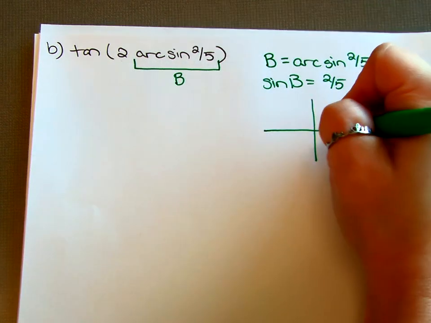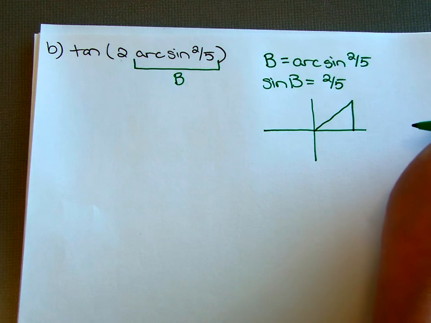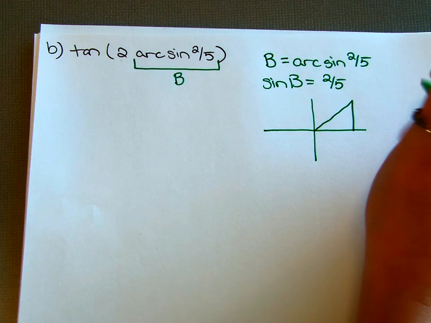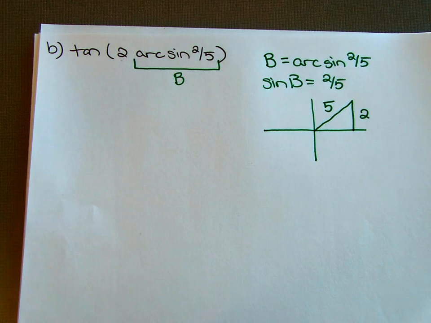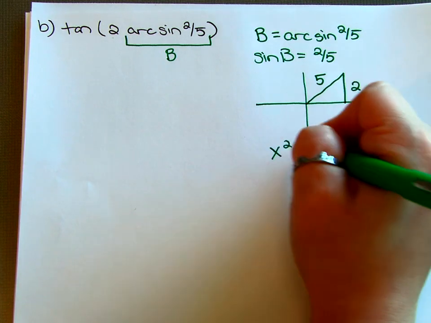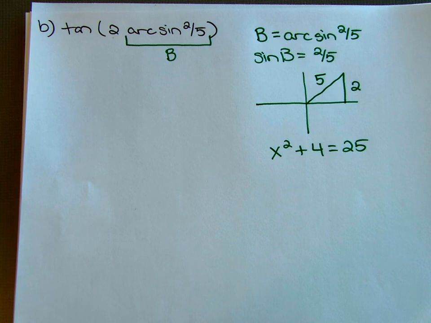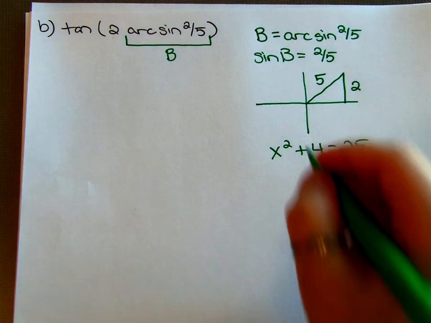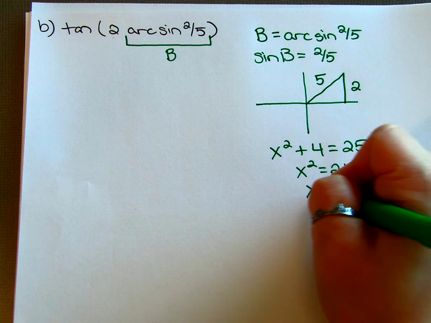So there's my triangle. Sine is y over r. So that's 2 over 5. And I'm going to have to figure out what my x is. So x squared plus y squared equals r squared. Subtract that 4. Square root both sides, and we get radical 21.